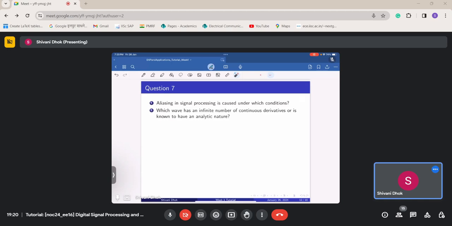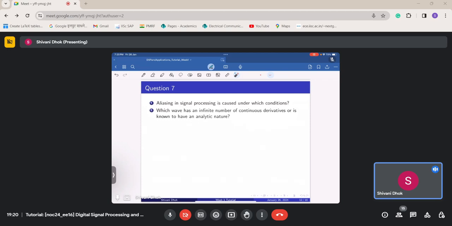So let me ask you all, when does aliasing occur? We have discussed this multiple times. When f0 is greater than fs minus f0.